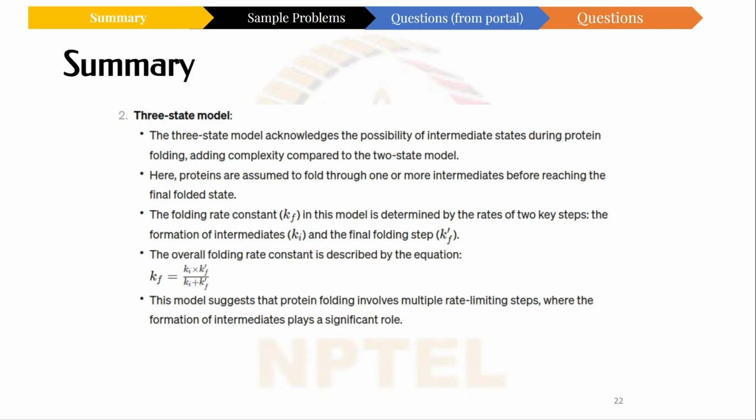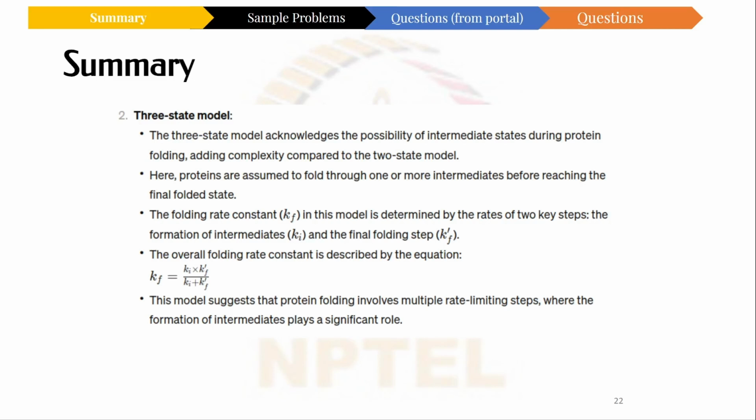Then we have a three-state model. This model acknowledges the possibility of intermediate states during protein folding, adding complexity compared to the two-state model. In the two-state model, protein folding is assumed to occur directly from the unfolded to the folded state without any intermediate. Here there is one intermediate state, and adding this intermediate state increases the complexity.